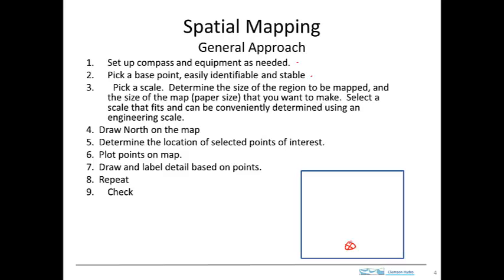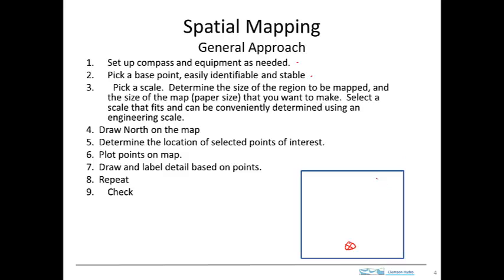Then we need to identify a scale, and basically what we want to do when we're making a map is we have a piece of paper that we're working on. We're going to draw the map out in the field, and we want to try to have the area that we're mapping fit on the paper. And so that involves picking a scale so that the size of the region that we're mapping fits on the size of the paper.